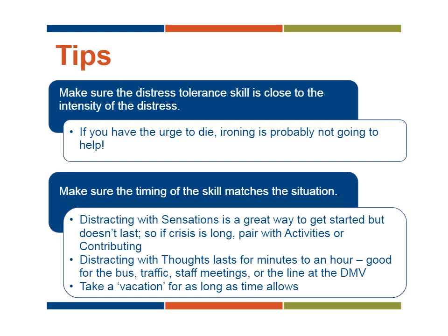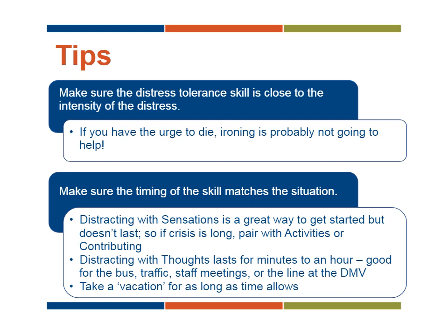So here's an obvious example. If the patient is having really strong urges to die, it's obvious that doing something like ironing is probably not going to really help. So we want to really bump up the particular distress tolerance skill that they're trying out.